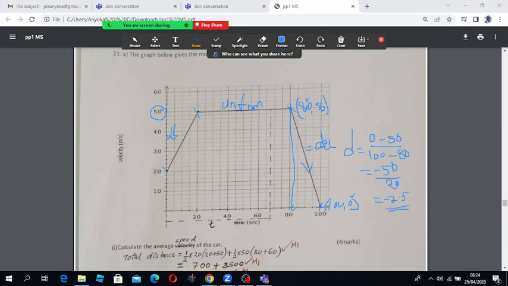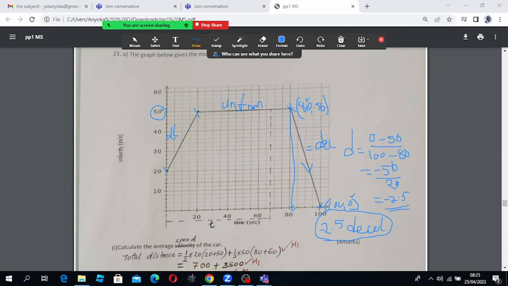When you have indicated the negative, already you are saying it is a deceleration. But if you want to bring in the word deceleration, you say the deceleration is 2.5. If you mention the word deceleration in your working, anybody will understand that it is a negative.